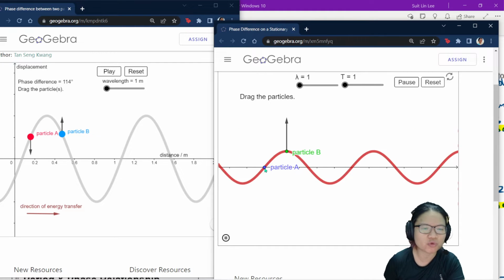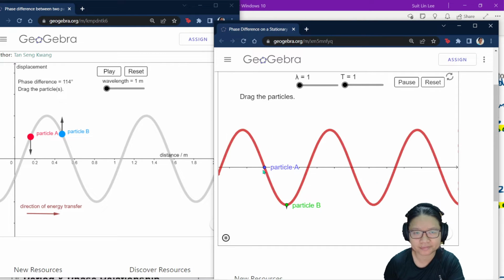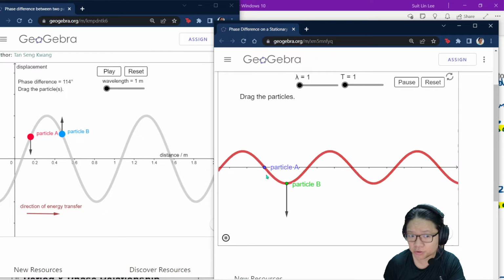Say no to moving, says the node. So particle B is like, yo bro, you want to play? You want to go out? You want to have fun? Look at particle B. Particle A is like, nah, I'm just going to chill here. So the amplitude between A and B is so different. It will be 0 if particle A is positioned at a node, and maximum if particle A is positioned at an antinode.